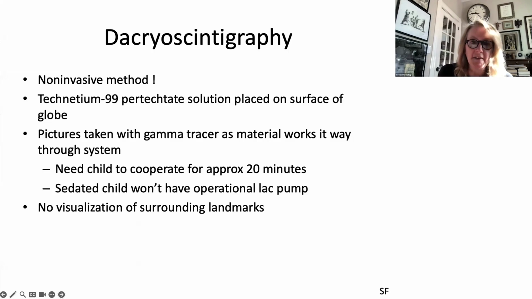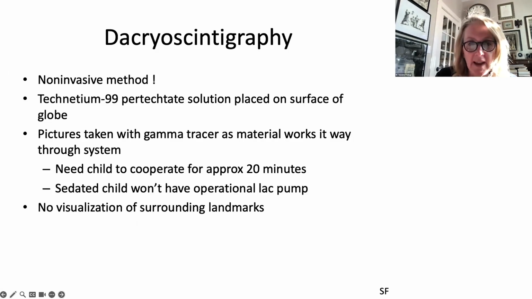Dacryoscintigraphy is often considered in children because it's non-invasive. It doesn't require cannulation of the system. Technetium-99 solution is placed on the surface of the globe just as an eye drop is placed, and then a gamma tracer takes pictures as the material works its way through the system. You need the child to cooperate for about 20 minutes, which can be challenging.